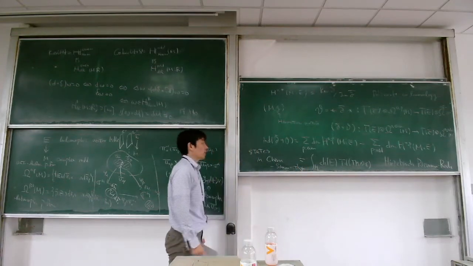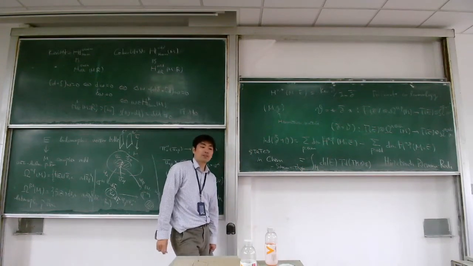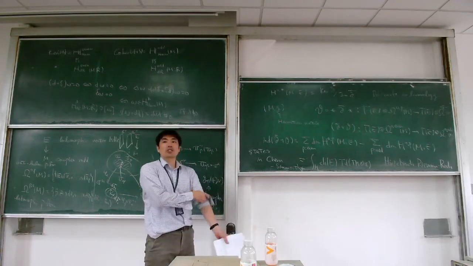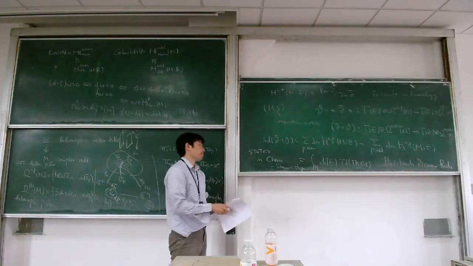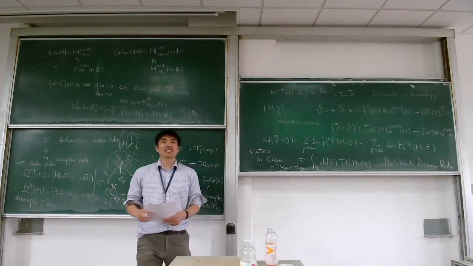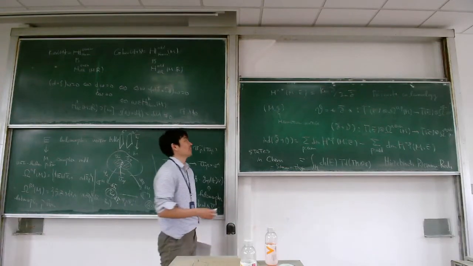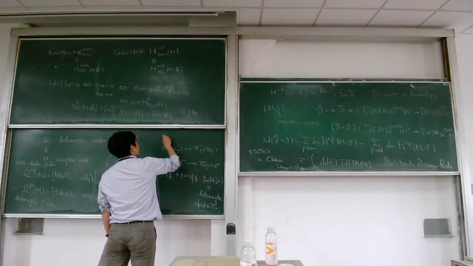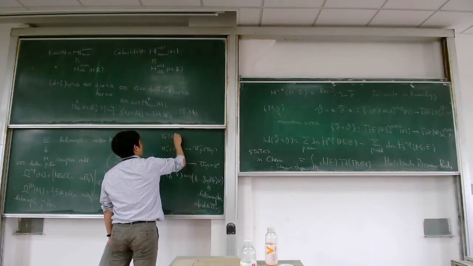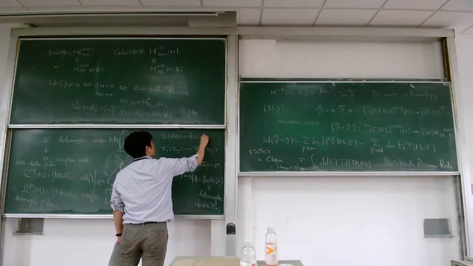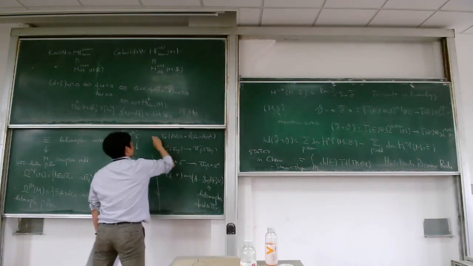I will explain a little bit about Chern-Simons in the next lecture, but the Chern-Simons action is the trace of A dA plus 2/3 of A wedge A. This is the action in Chern-Simons theory.